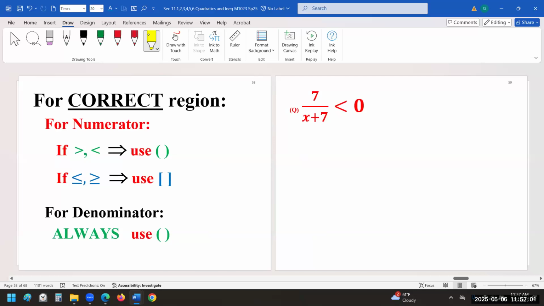When you have a rational function like this, these are the rules. They're almost the same. The only difference is if we don't have an equal sign, everything gets parentheses. But if you do have the equal sign, only the numerator gets the brackets.